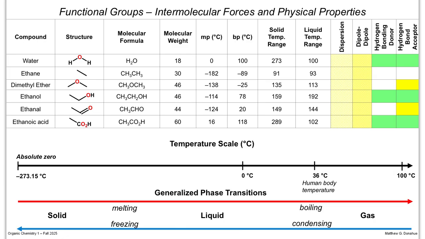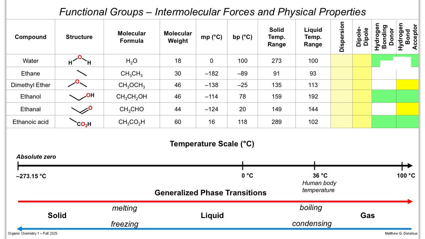So we've seen the names, we've seen the bonding patterns. This is just a brief slide or two on how do those bonding patterns affect the physical properties. And the last couple columns here have these non-covalent interactions. Things that are kind of light yellow, those are pretty weak.